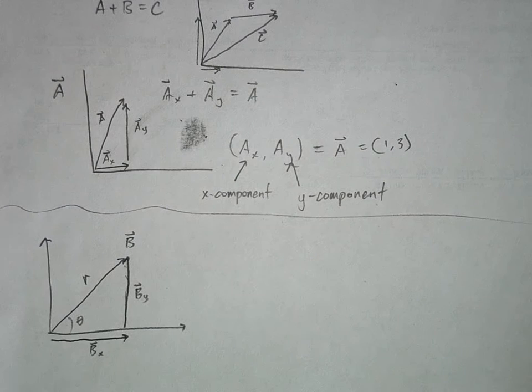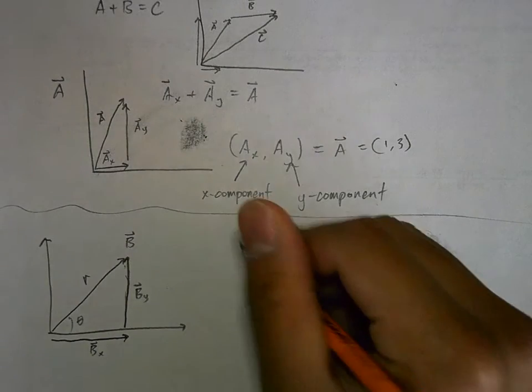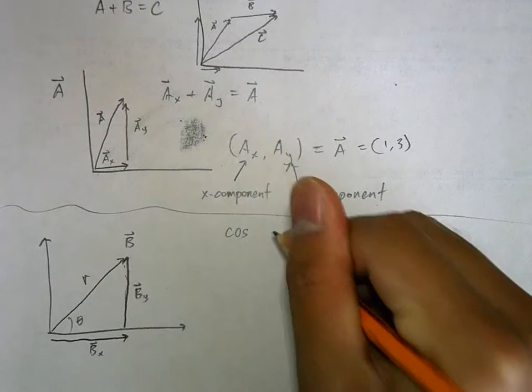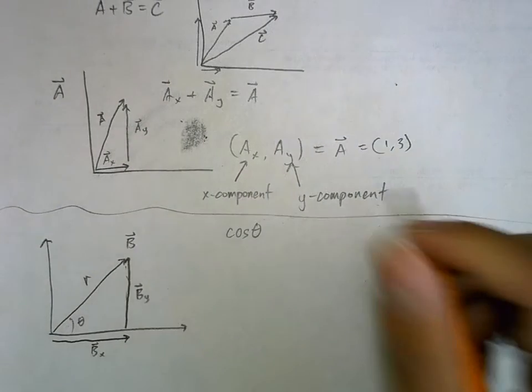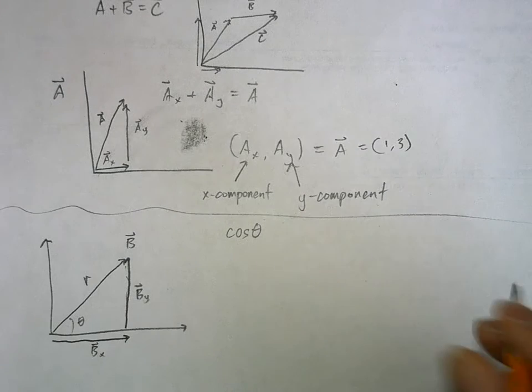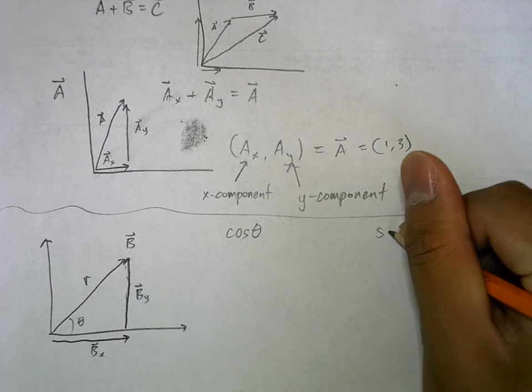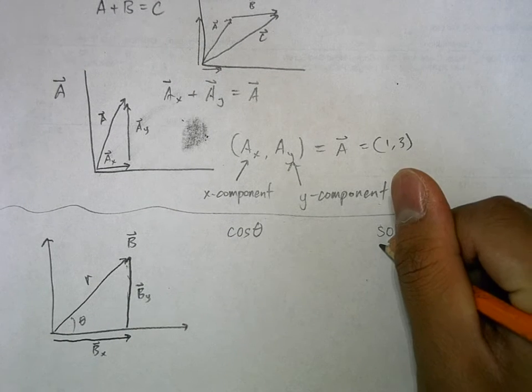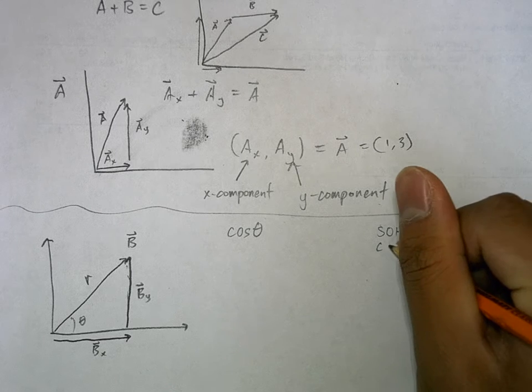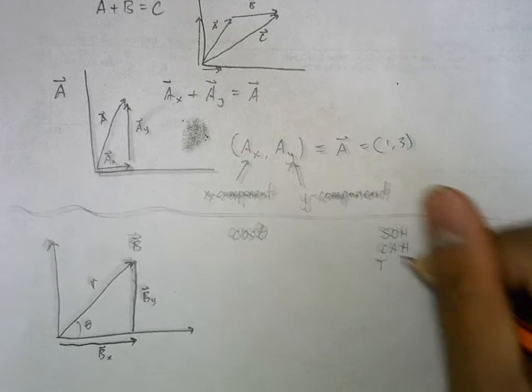And for those of you who should have already taken algebra or trig, this is just an easy cosine-sine identity problem, right? So if we figure out the cosine of theta, well, if you remember SOHCAHTOA, nice trick, right? SOH, CAH, and TOA.